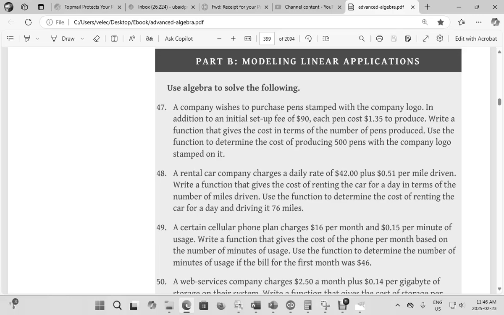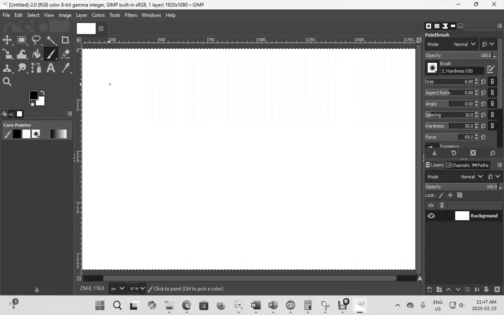To figure this out, you first need to figure out the equation. We know that the base fee or initial fee is $90. The variable is X, which is the number of pens, and the price of each pen is $1.35 to produce. When we write this as an equation, we're trying to figure out the overall cost, which covers the fixed cost and the variable cost.